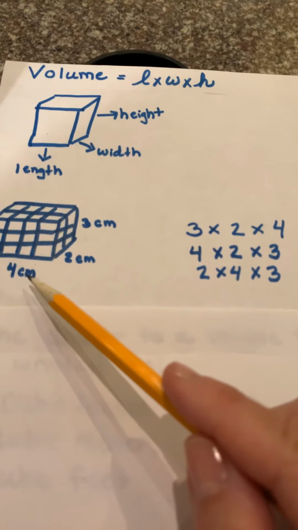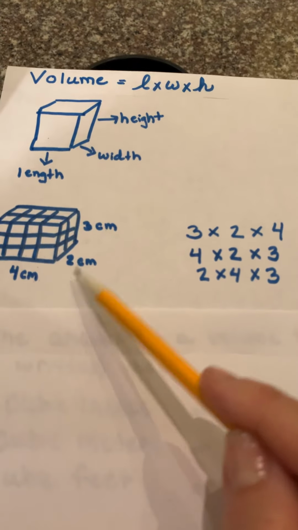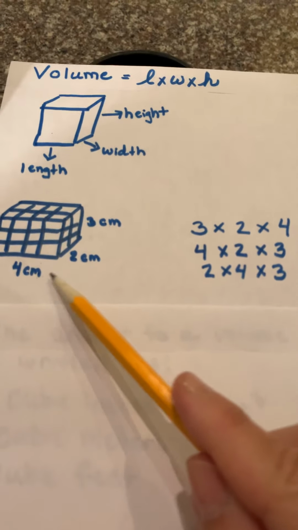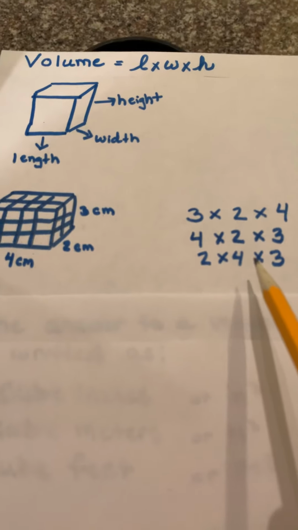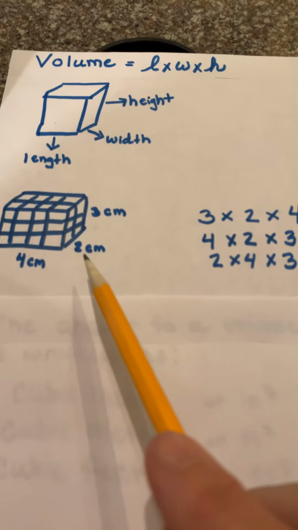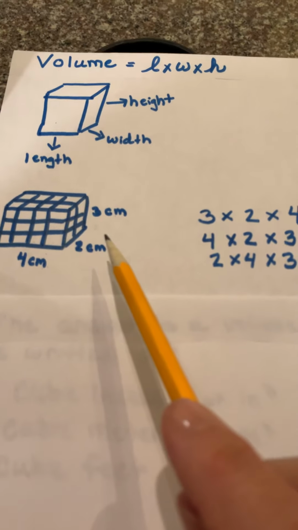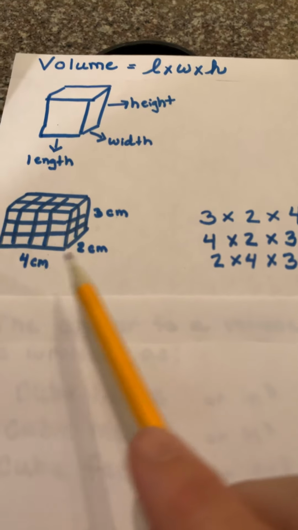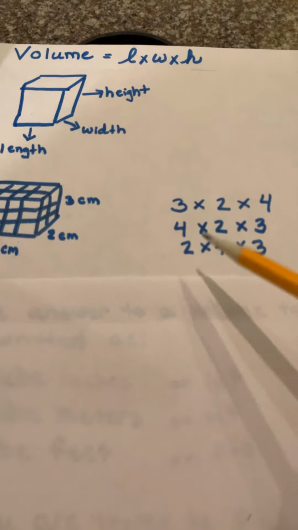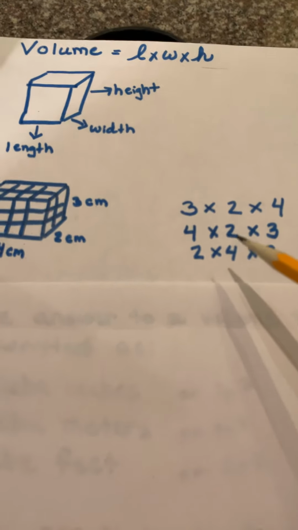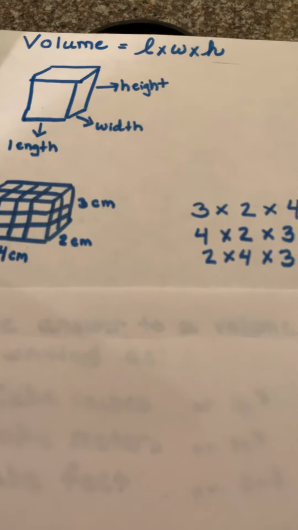Or we can look at it as 4 times 2 times 3, which is the length times width times height. Or we can say it as 2 times 4 times 3, which is really the width times the length times the height. It doesn't really matter which order you put the numbers in because multiplication is commutative.